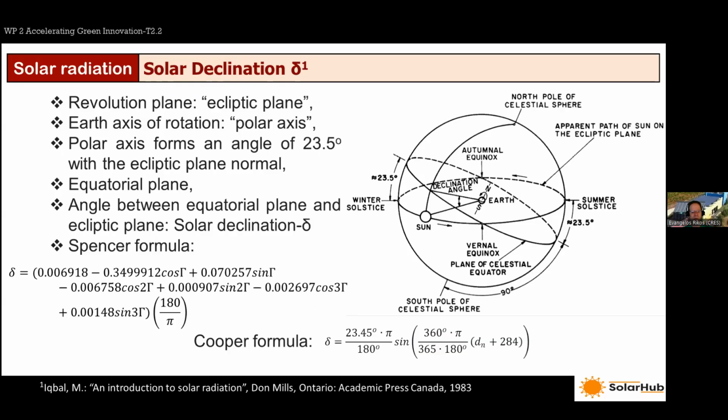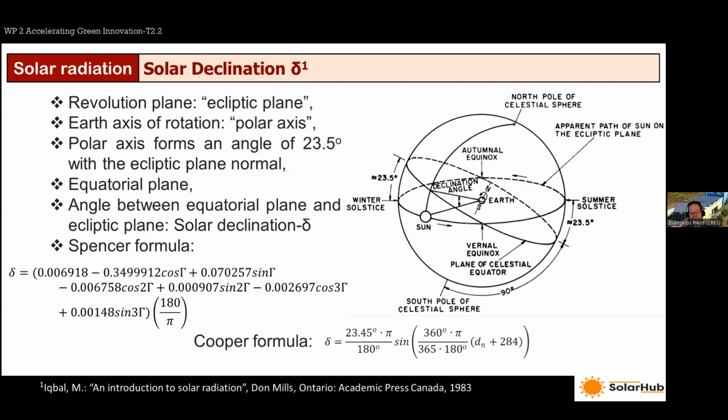And as I mentioned before, it forms an angle of 23.5 degrees with the ecliptic plane, leading to seasons and this substantial variation of solar radiation a part of the Earth receives over time. I mean, in summer, you realize how hot it is, or in winter, it can be very cold. It's because of the duration of the sunlight that parts of the globe receive on a daily basis.